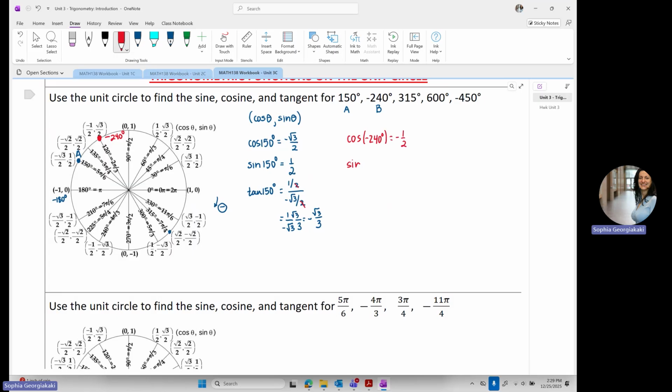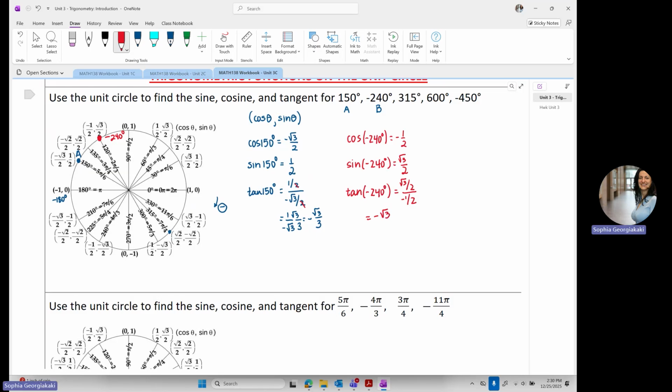The sine at -240 will be the second coordinate of that point at 120, which is √3/2. And the tangent at -240 is y, √3 over 2, divided by x, -1/2, and that will be -√3.